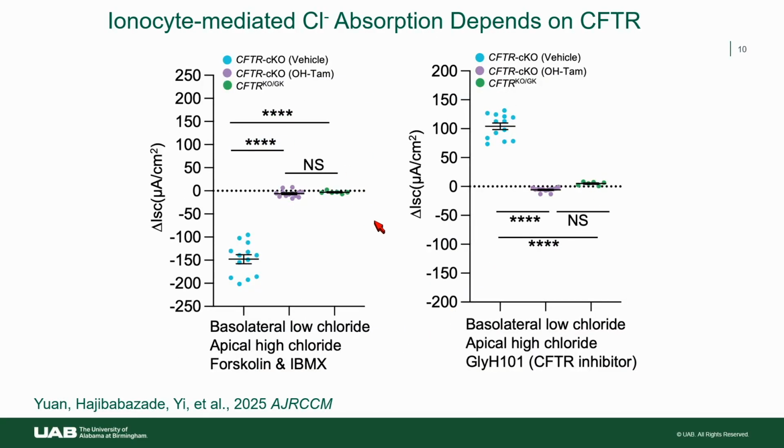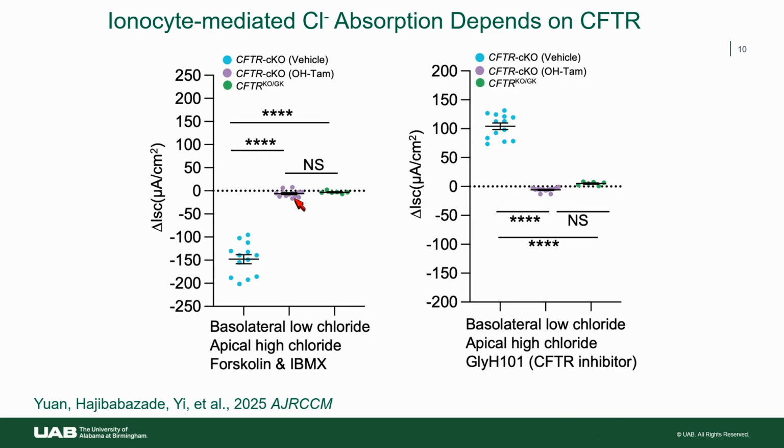Then by quantification, we can find that the forskolin and IBMX induced chloride absorption is significantly reduced as compared to the control, and the GlyH-101 inhibitable chloride absorption is also significantly reduced.